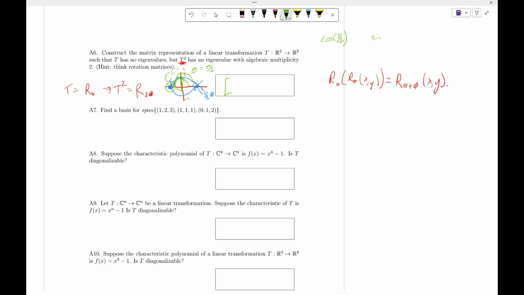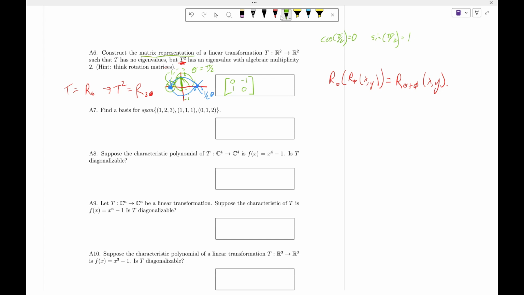What's sine of pi by 2? Cos of pi by 2 is going to be 0, and sine of pi by 2 is going to be 1. So it's going to be 0, -1, 1, 0. This is going to be the matrix representation of my linear transformation, which is what we were asked for.